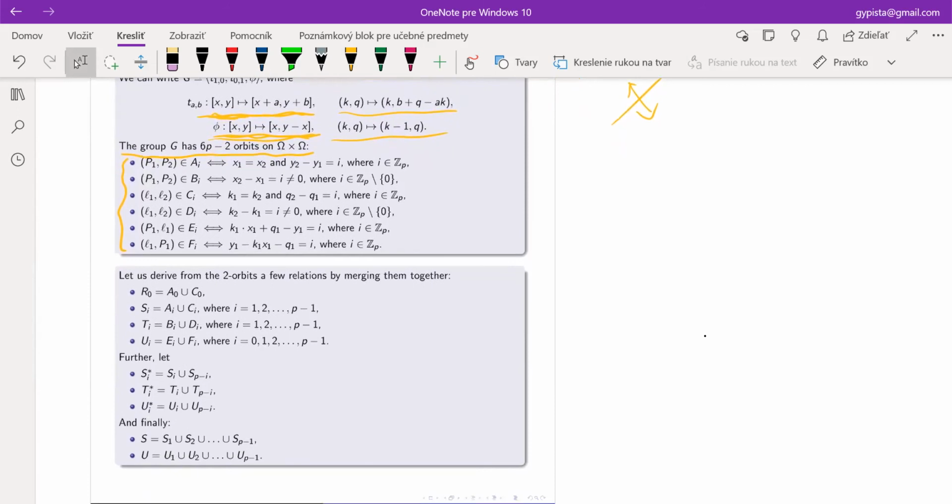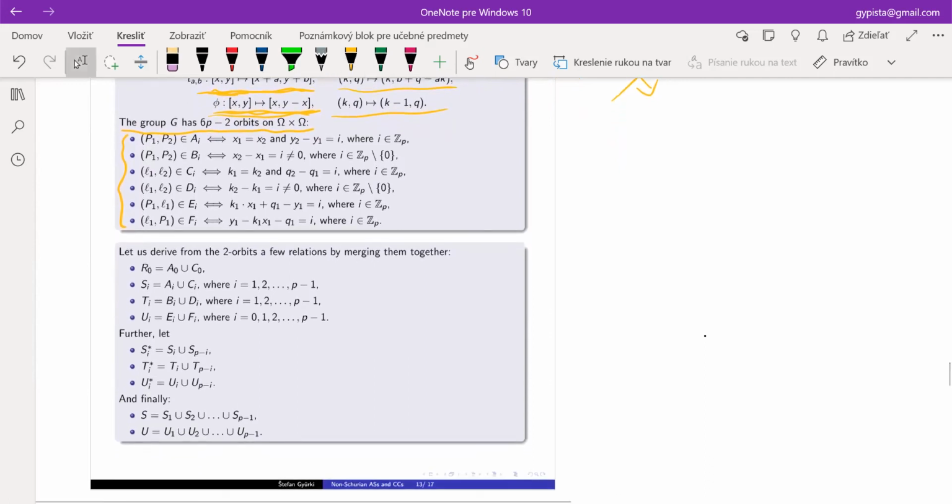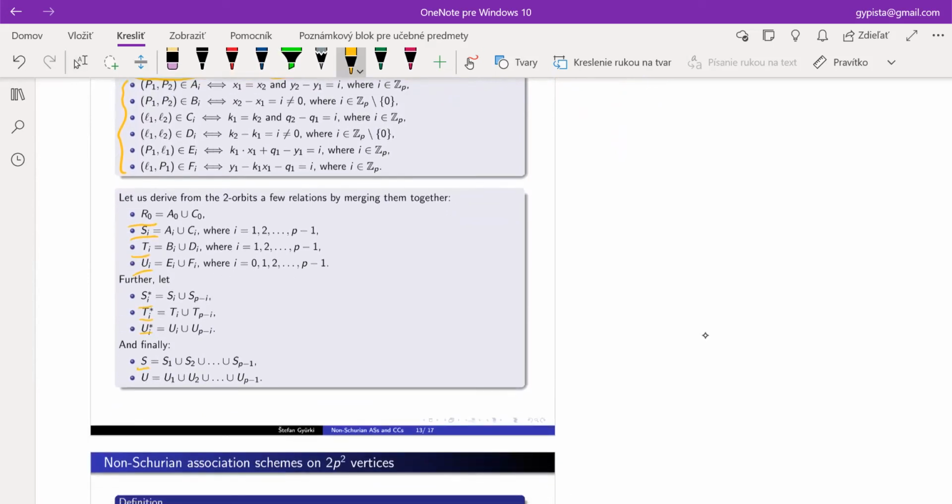So we are obtaining these two-orbits, and by gluing together some of them, we can obtain similar relations R, S, T, U like in the original example, and also we can symmetrize the relations of type S, T, U or put them all together of the same type.